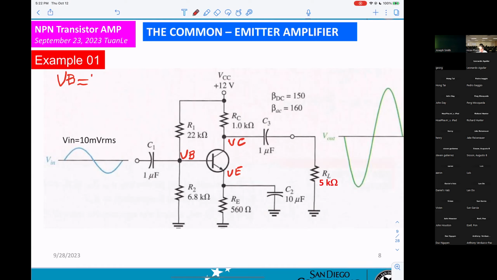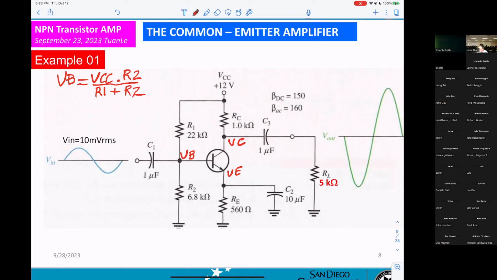Perfect. VCC times R2 divided by R1 plus R2. We just want the formula. If you get the formula and you still cannot calculate, you better quit. We cannot train you to be a technician. It is a very, very basic thing. We have to get through it.